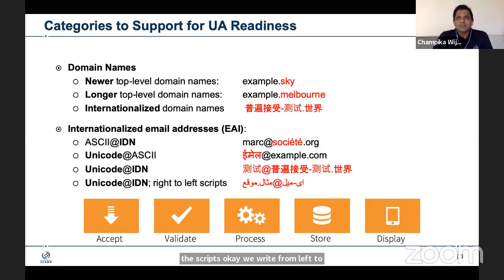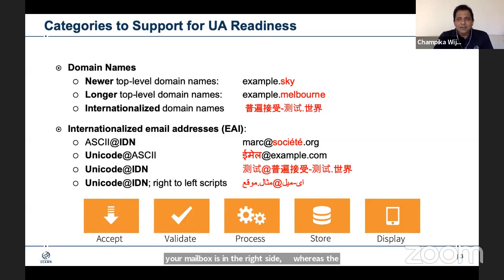But there are also some languages where we write from right to left, for example, Arabic. So if you consider the last example here, that is an Arabic email ID where we write from right to left. So basically, your mailbox is on the right side, whereas the domain is on the left side.